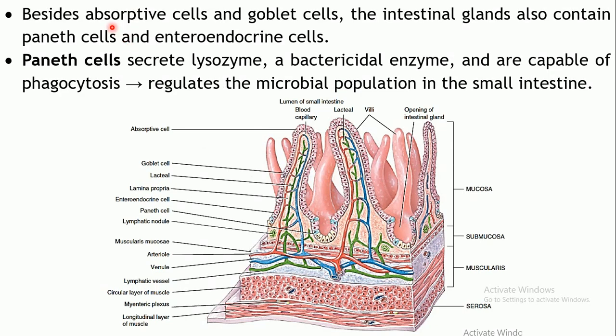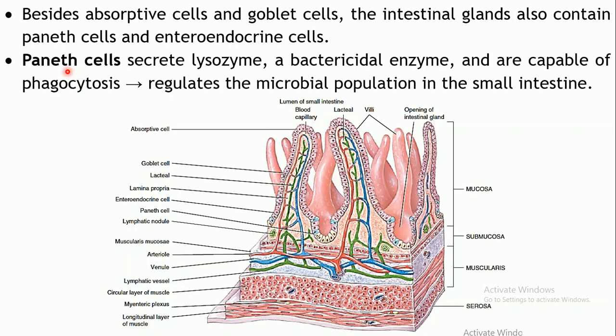Now these intestinal glands also contain the absorptive cells and the goblet cells which are present over here. So such type of cells are also present in the intestinal glands, but apart from these two types of cells, two more types of cells are present, known as the Paneth cells and the enteroendocrine cells, which are present only in the intestinal glands. Cells which are lining the intestinal glands.